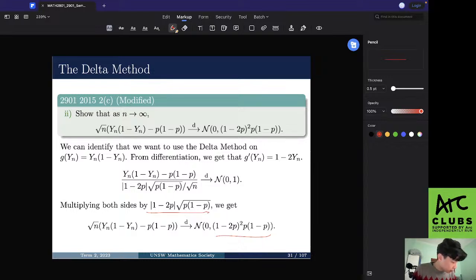And then we just take this and turn it into a coefficient. And that's pretty much our evaluation of this right here, right? We've just applied the delta method and we've essentially shown that since Yn is convergent, this differentiable function g is also convergent to a normal distribution.